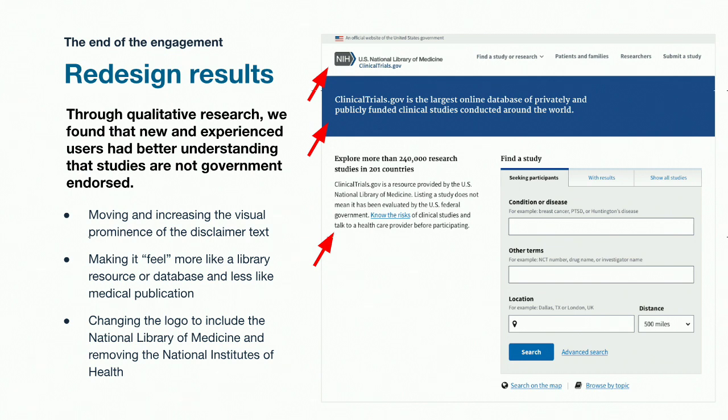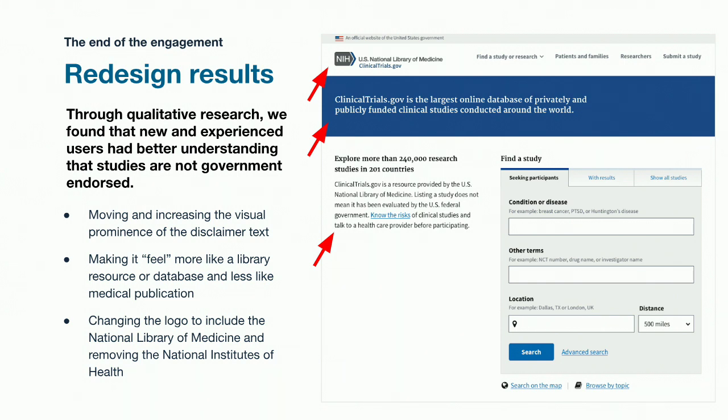And at the end of our engagement, through qualitative research, we found that our redesign helped new and experienced users understand that the studies listed on clinicaltrials.gov are not government endorsed. And we achieved some of these things by moving and increasing the disclaimer text to the left-hand side.